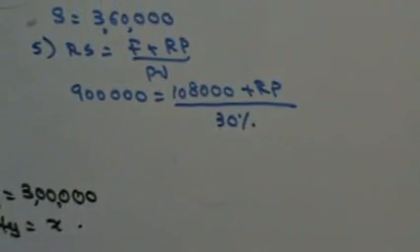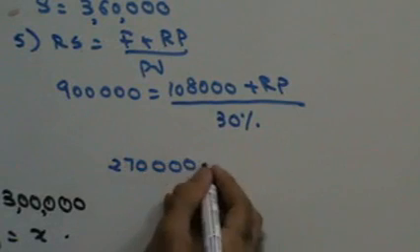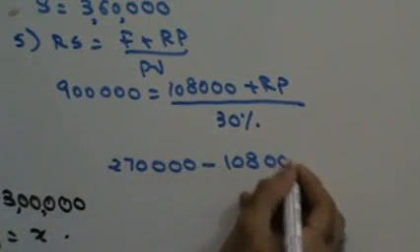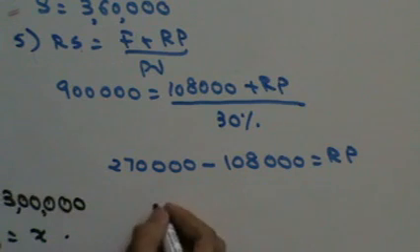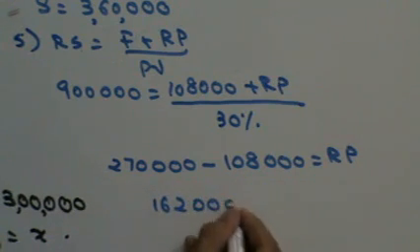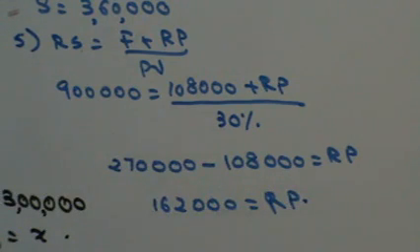So 9 lakh into 30% will give you 2,70,000 minus 1,08,000 will be my required profit. 1,62,000 will be the required profit. Fine. Next, let's move on to the next sum, guys.